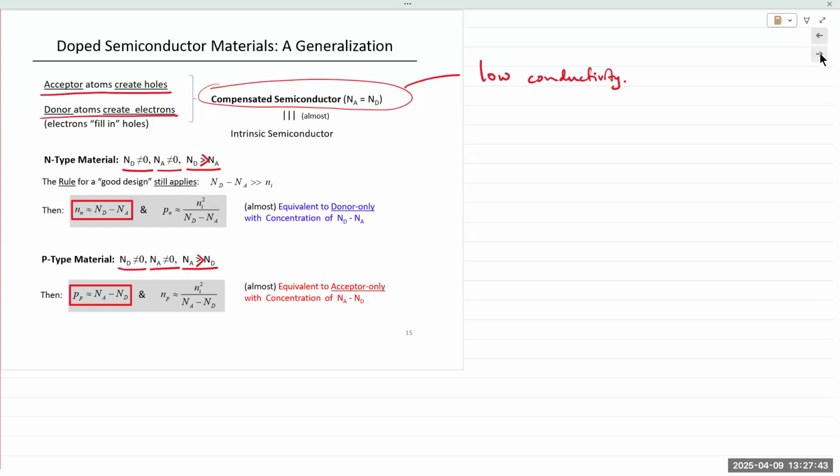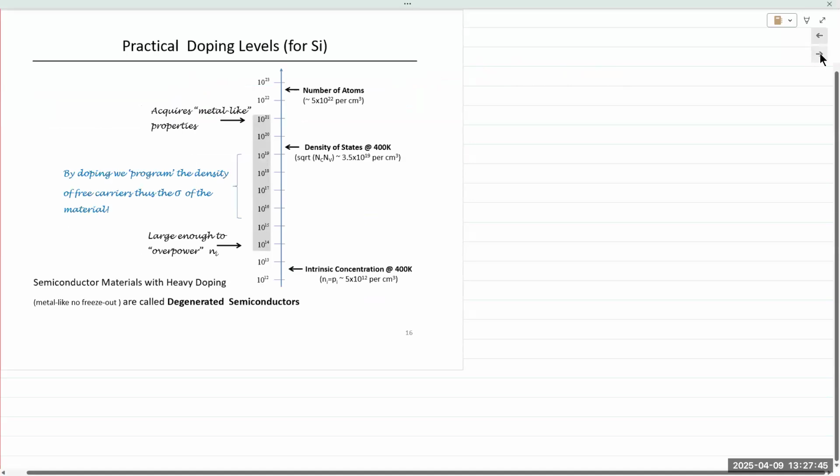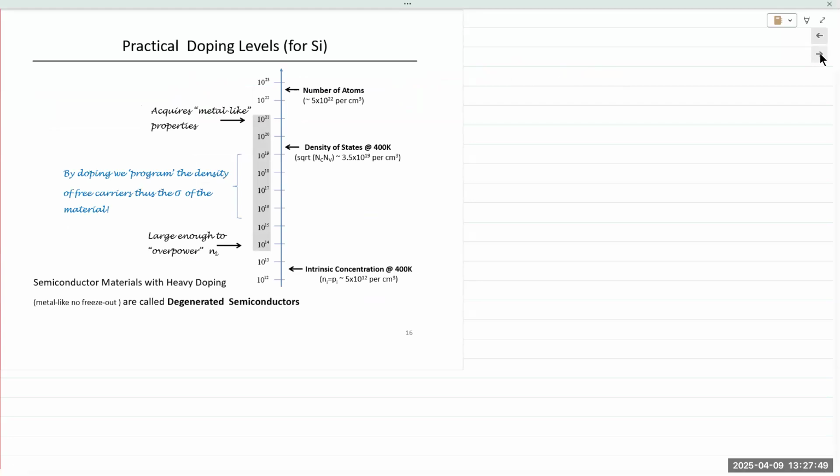All right. So what is considered as a good doping number? We saw that the intrinsically generated carriers are typically around 1 times 10 raised to 10 atoms per centimeter cube. So intrinsic concentration, and this is at 400 K, but at 300 K, it'll be somewhere down here in silicon.